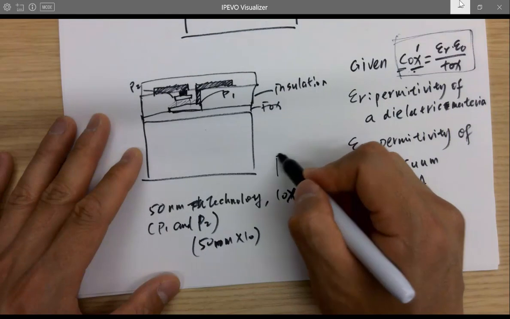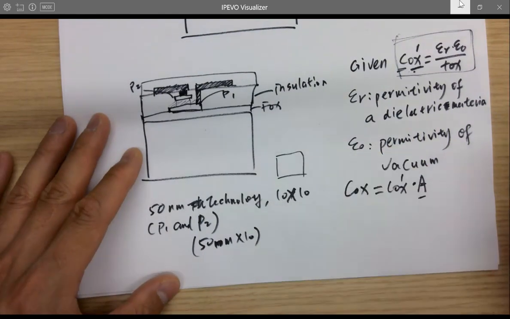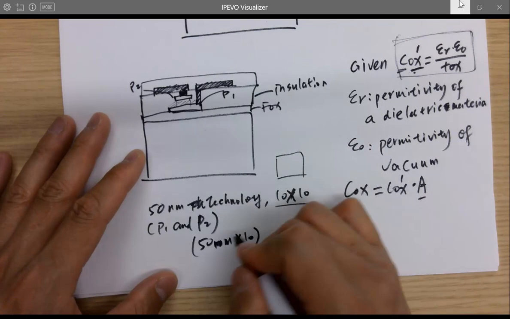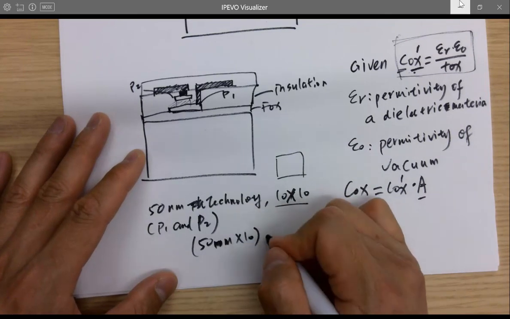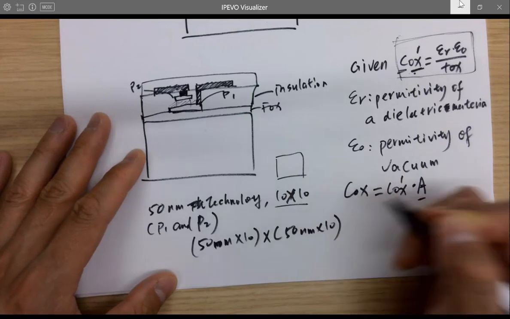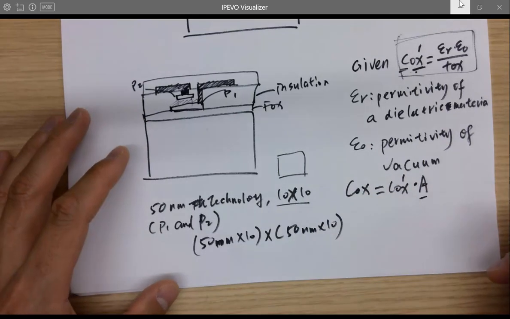It's a 10 by 10 square overlap for the cap. So it's going to be 50 nanometer times 10 times 50 nanometer times 10. That's the area of the overlap.